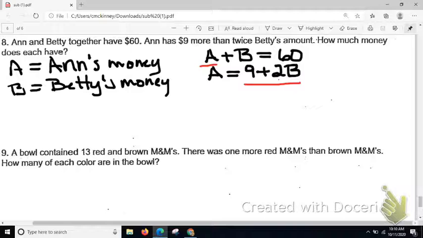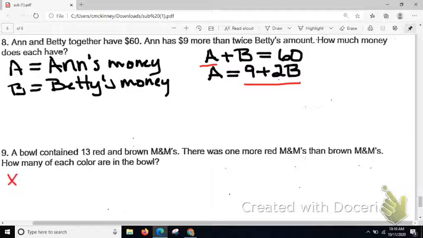And number 9, we have M&Ms. So we have red and brown M&Ms, and we want to know how many of each, and you might be able to just figure this out without writing an equation, but I'm going to follow the rules.